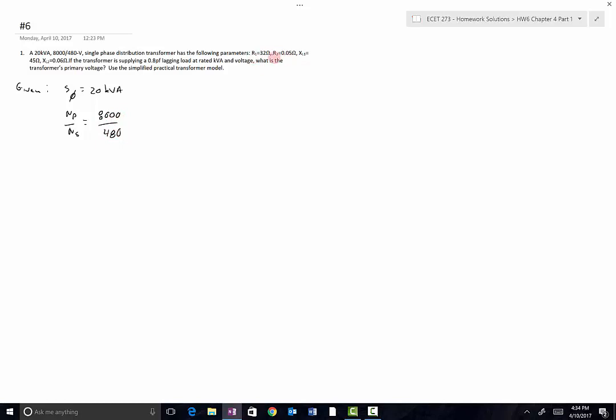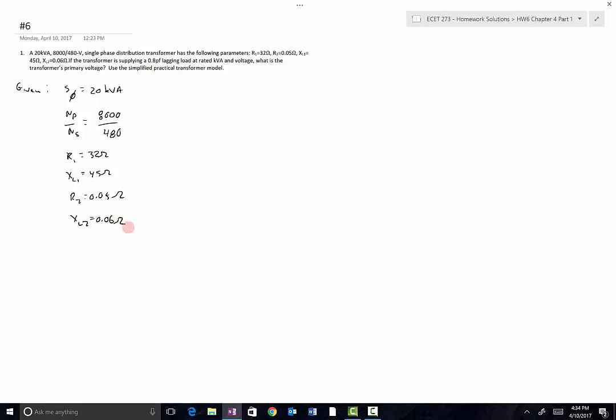We were then given the primary characteristics, R1 equals 32 ohms and XL1 equals 45 ohms, and the secondary characteristics are R2 equals 0.05 ohms and XL2 is 0.06 ohms.